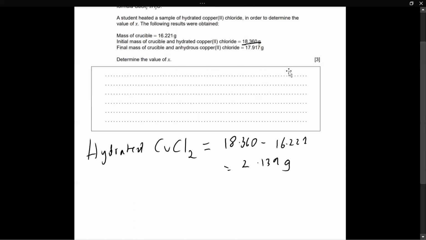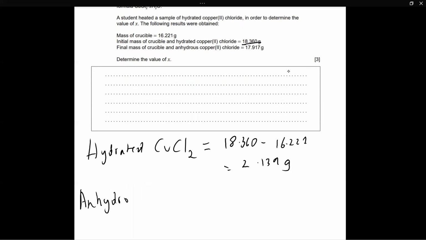Now I want to find out the mass of the anhydrous copper 2 chloride as well. And it's the exact same method. I just have to subtract the mass of the crucible, which is 16.221, from the mass of the crucible and anhydrous copper 2 chloride, which is 17.971 as given to us.